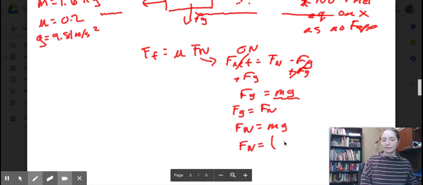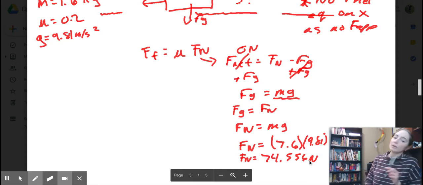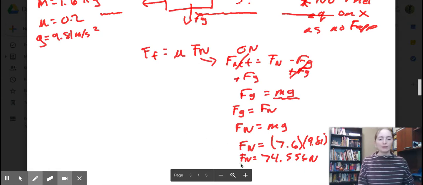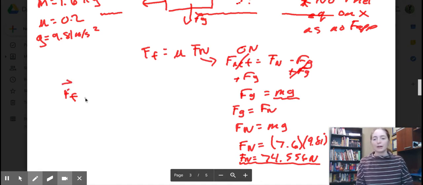So we know the mass of this object is 7.6 kilograms. We know g is 9.81 meters per second squared. So my normal force is going to be 74.556 newtons. Leave all numbers in your calculator, ladies and gentlemen. Do not round at this point. Well, I now have my Fn. So now I can put all my values into this equation here. I already have mu. So my force of friction is going to equal mu Fn.